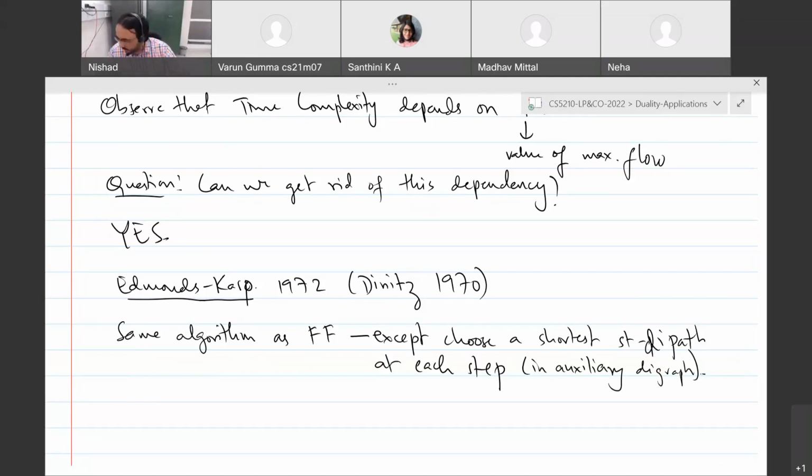And I'll just state the time complexity, which requires a proof, and I'm going to skip that.